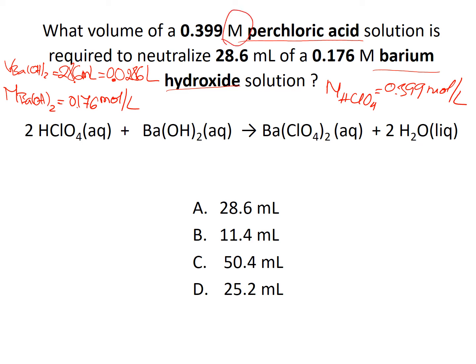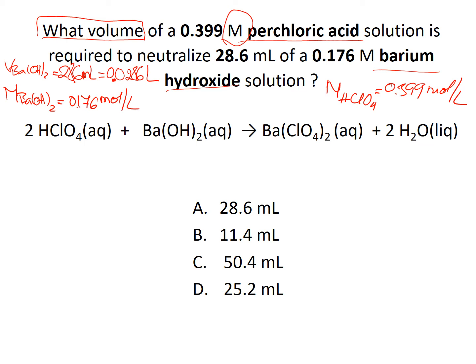And then unsurprisingly, the question is asking for volume of perchloric acid. So the first thing that we can and should do is to calculate from volume and concentration of barium hydroxide the moles of barium hydroxide. From moles of barium hydroxide, we can then calculate the moles of perchloric acid, and then from moles and concentration, we can determine the volume.